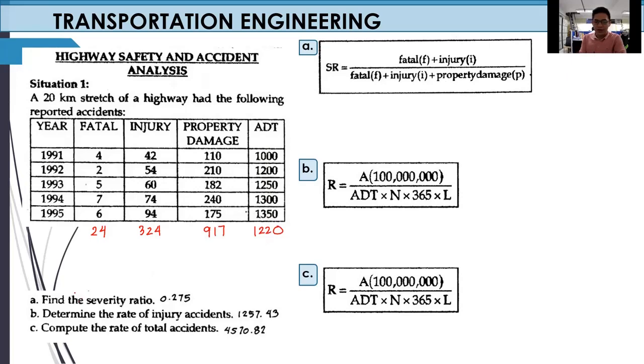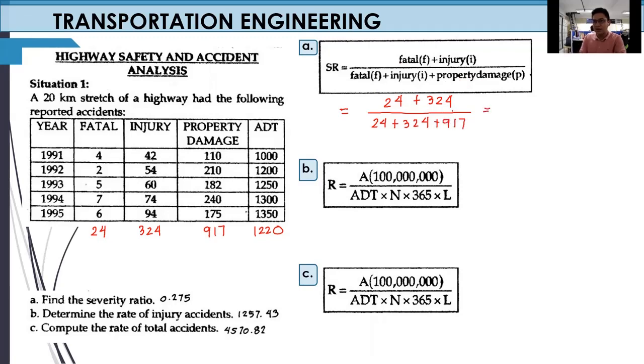So for that one, ang gagawin natin is, first thing is find the severity ratio. So as we can see, na-discuss natin kanina, we have our formula for severity ratio. So, isulat lang natin, and we can come up with our answer. 24 plus injury natin would be 324, divided by fatal natin, same pa rin, 24, 324, and property damage, which is 917.